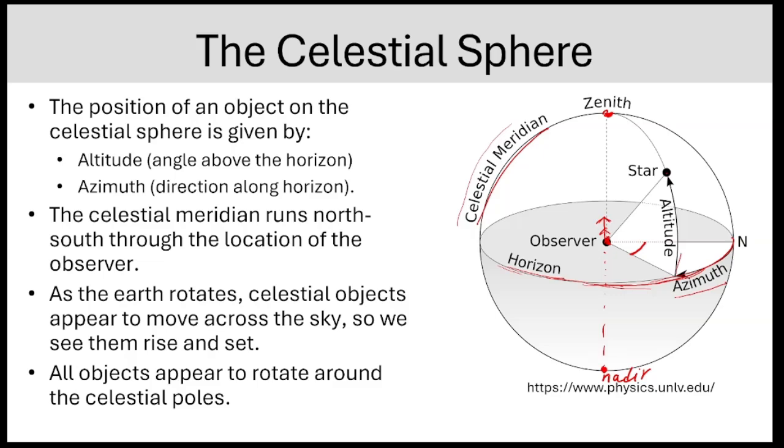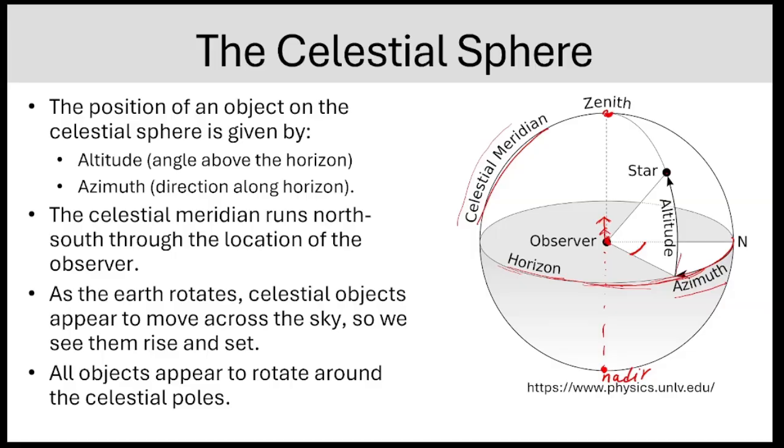And because earth rotates, celestial objects appear to rise in the east and set in the west. All these objects seem to rotate around the celestial pole.